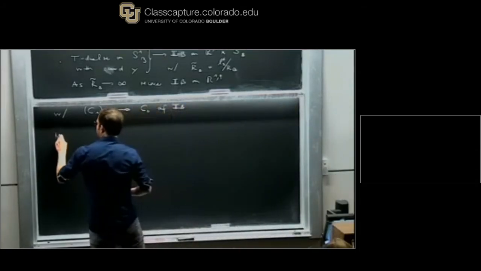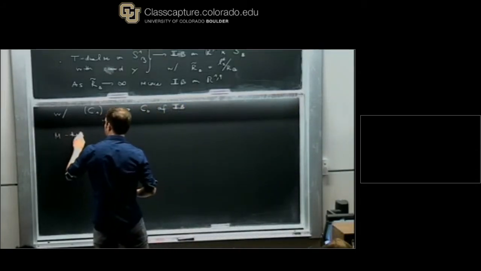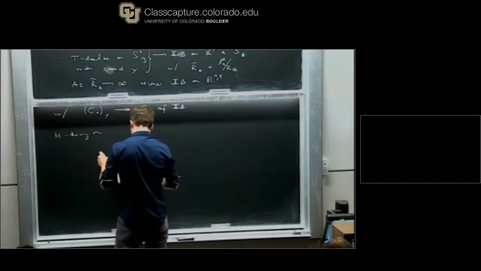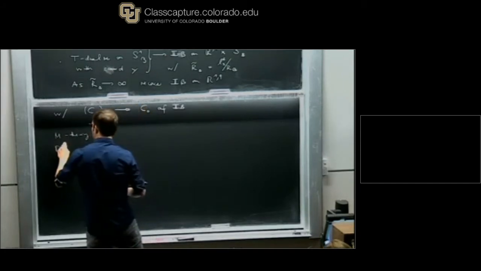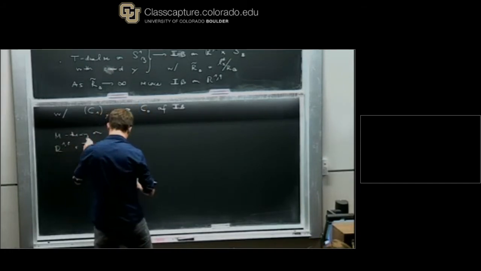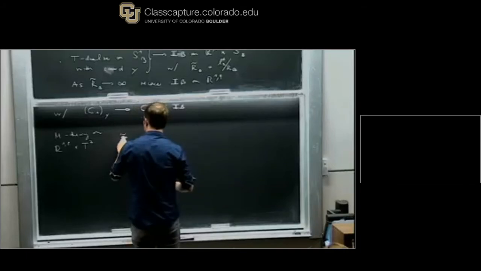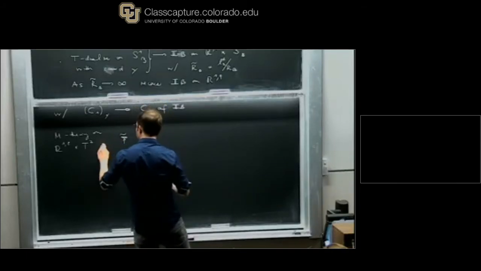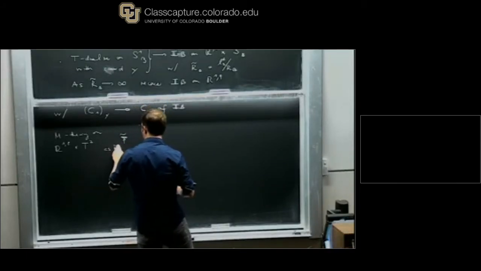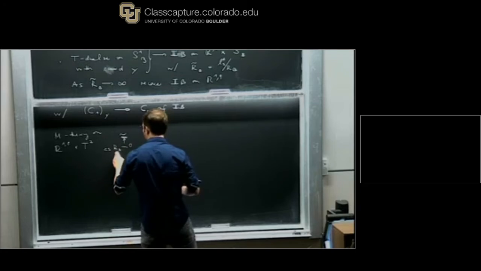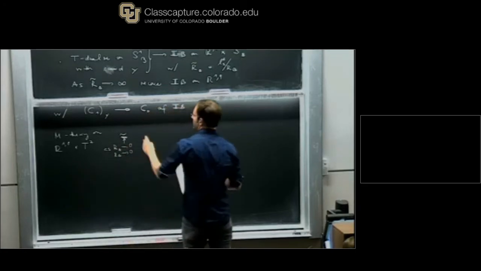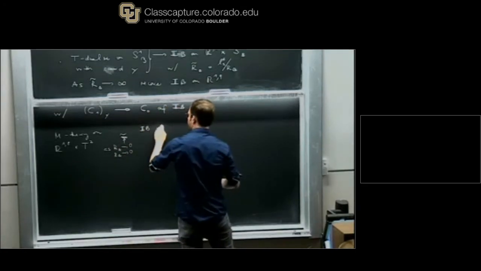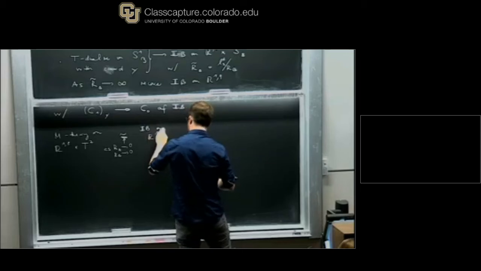So M-theory on R^8 times T2 is dual, in the limit where the radius R_A goes to 0 and R_B goes to 0, to type IIB on R^9.